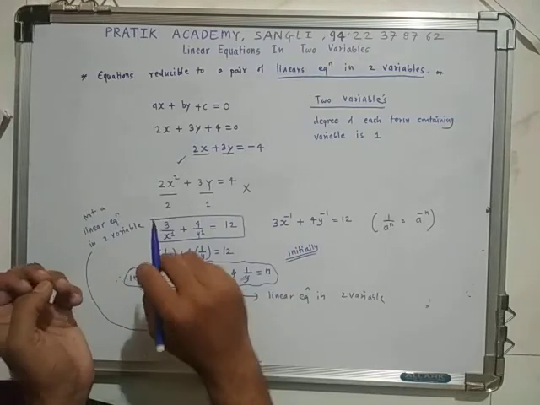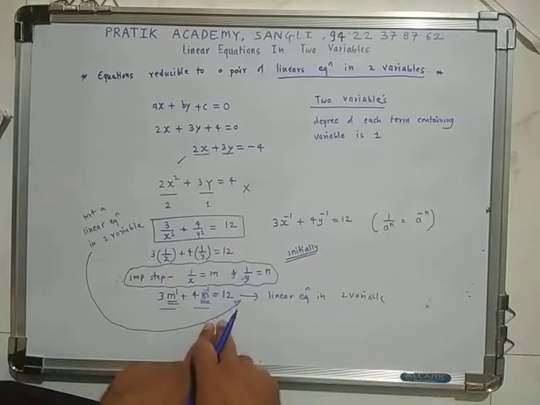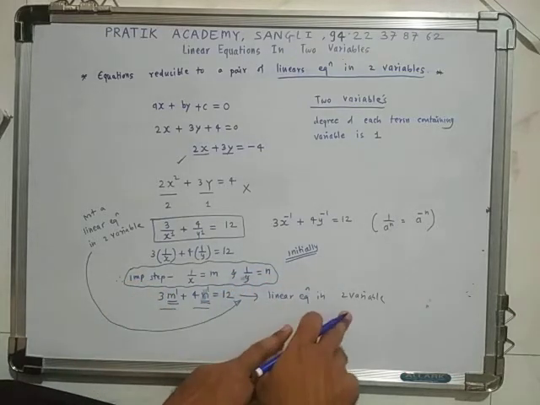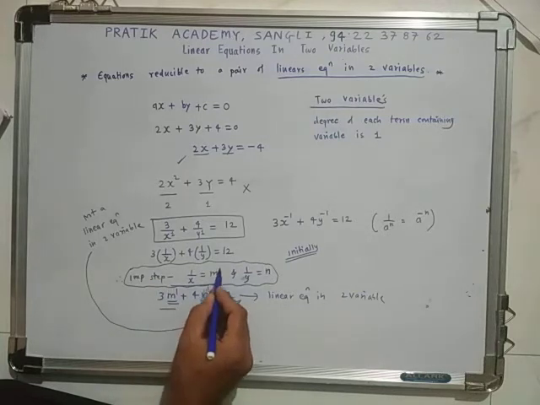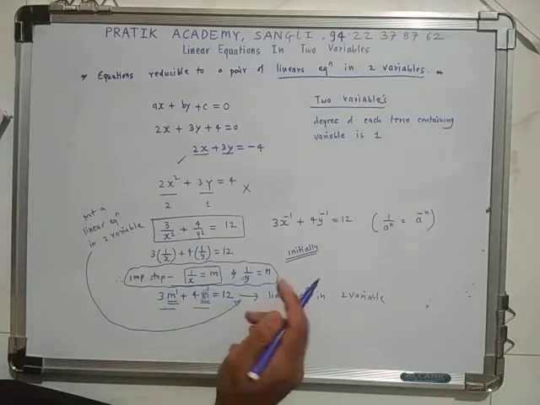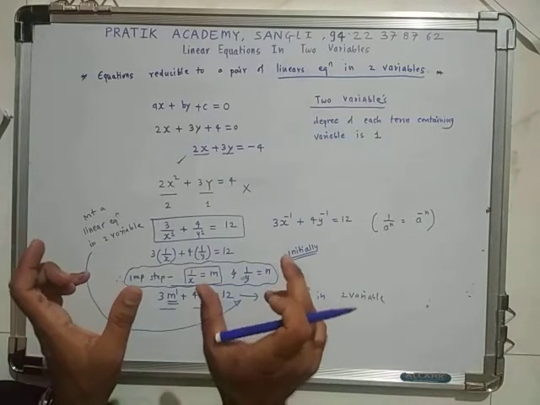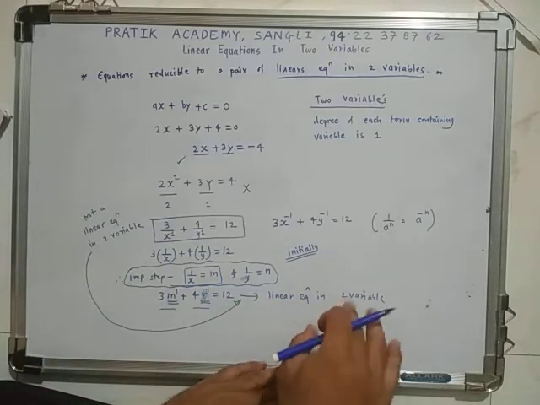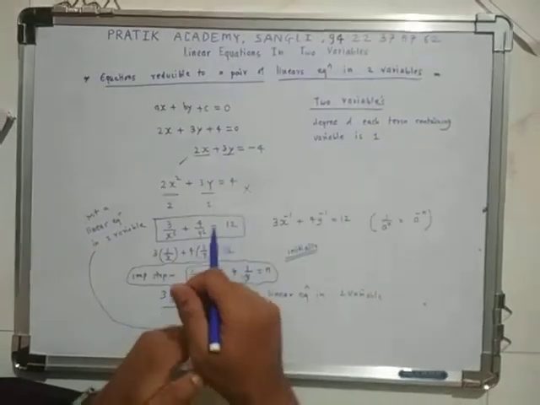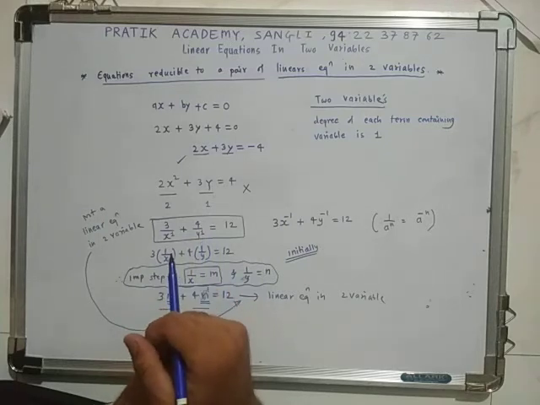While solving simultaneous equations, we require a pair of equations, and if there are two equations which can be reduced to linear equations in two variables by some adjustment, here the adjustment was 1 upon x is equal to m, 1 upon y is equal to n, using such adjustments or tricks, if we convert that pair of equations into linear equations, then this is called a pair of linear equations which can be converted to, or reducible to, linear equations in two variables. So this is the concept.